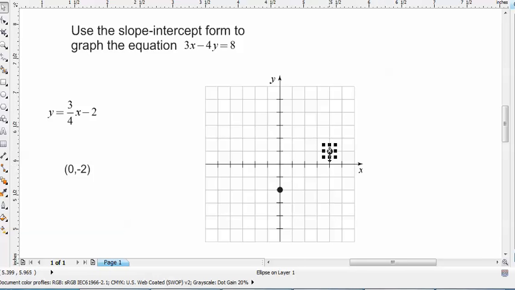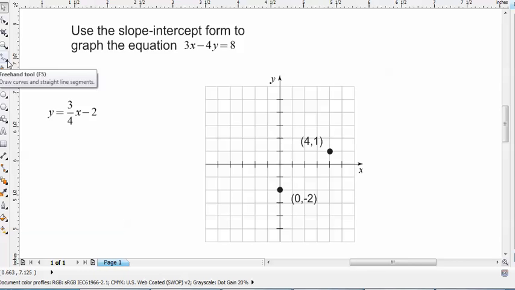So that point is (4, 1). So we'll go ahead and label those 2 points. Now that we have 2 points, we can go ahead and connect those with a line.